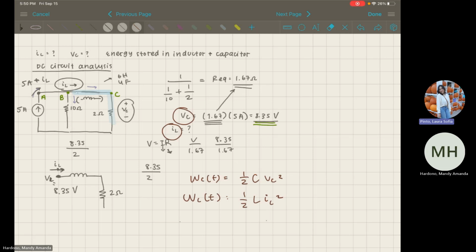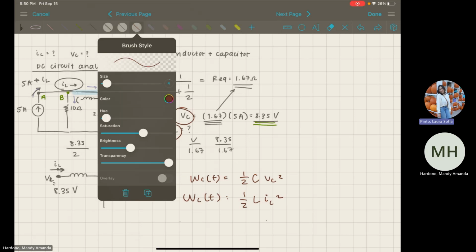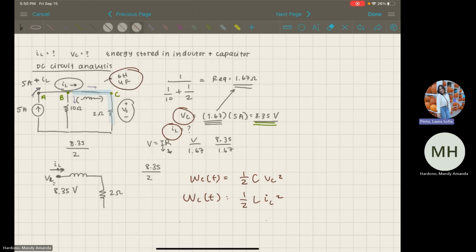If it's WL, the inductor. Mm-hmm. And you would plug in the values, because we said we had these values, 6 henries and 4 farads. 6 henries would go into the equation for the inductor, 4 farads would go into the equation for the capacitor. So after the part where you get VC and IL, the rest is just plug and chug into those equations.